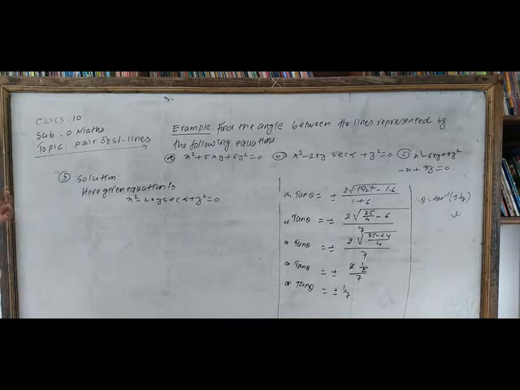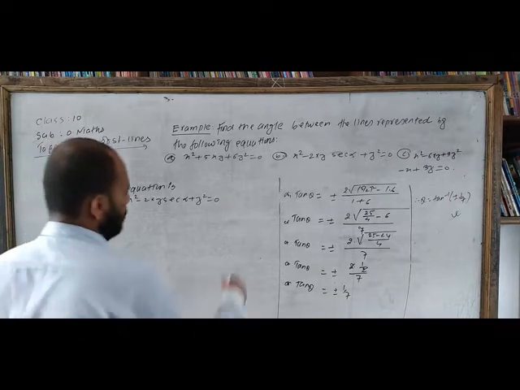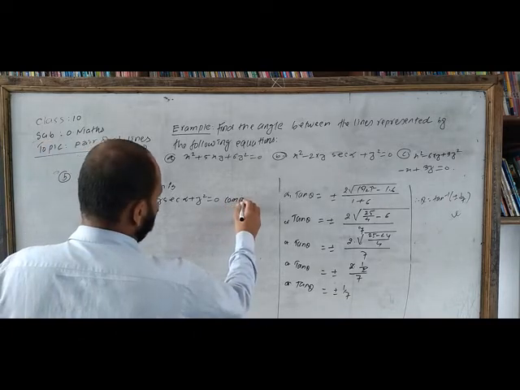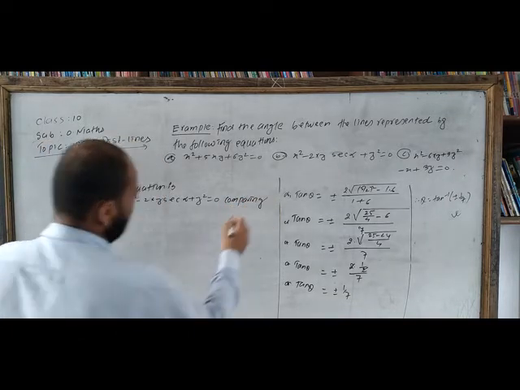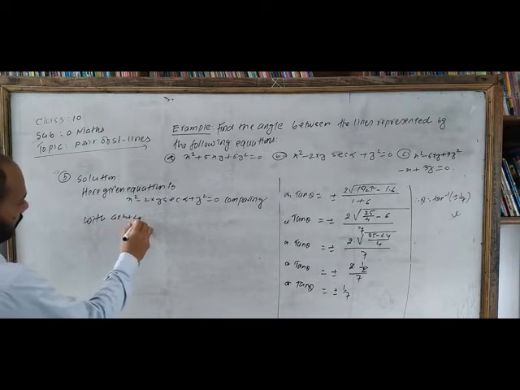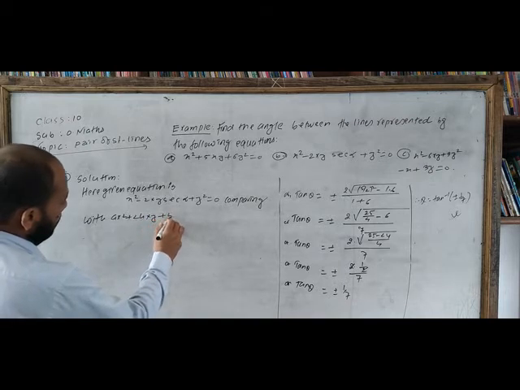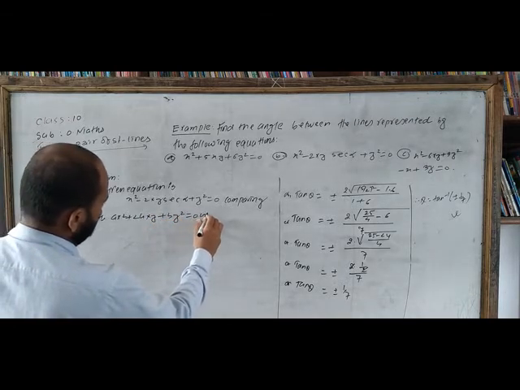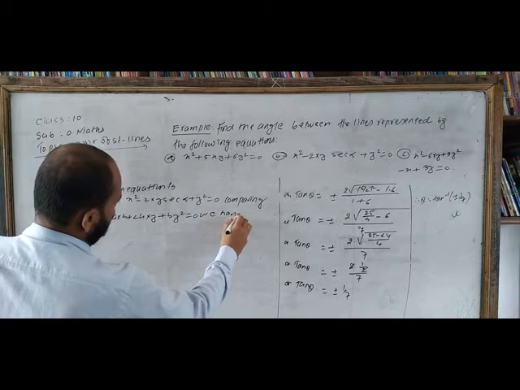How do we find the angle between them? You use the same process, comparing with ax square plus 2hxy plus by square is equal to 0.